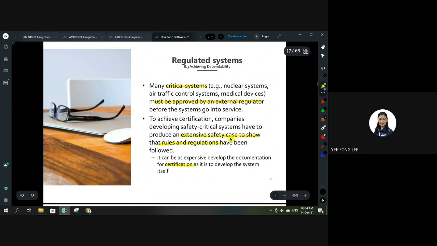The safety case must be able to convince a regulator that the system can operate safely.